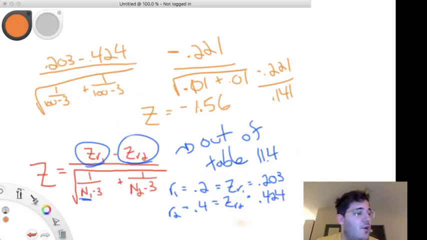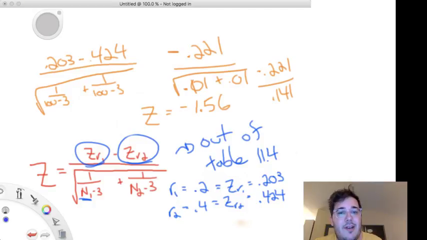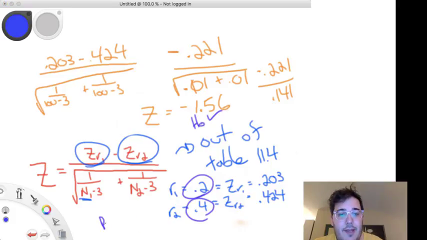Since your calculated value of negative 1.56 is not as extreme as 1.96, you would fail to reject the null and say that the correlations of 0.2 and 0.4, where your big N is 100, are not significantly different, or probably not. H0 is accepted. So it's probably not different.